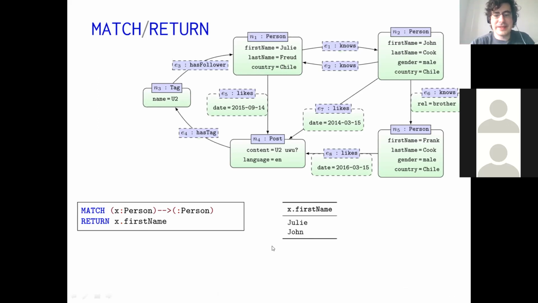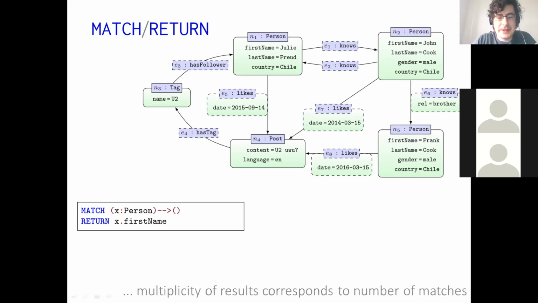Okay, so we'll see another example. So the multiplicity of results corresponds to the number of matches. So in this case, we're looking for persons that link to something, can be of any type. So how many times would we expect Julie to be returned? So we have 1, and this time we have 2, because we're not requiring that the thing that's linked is a person anymore.